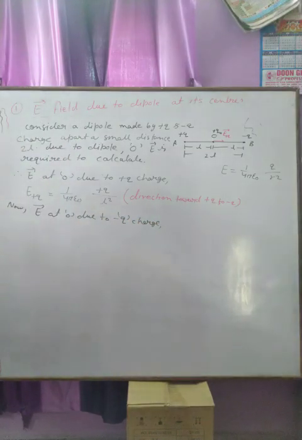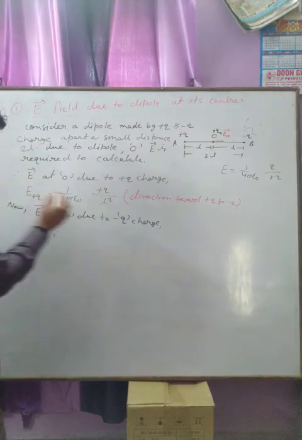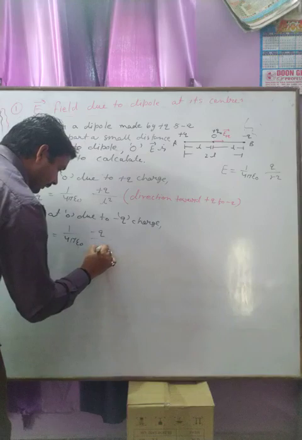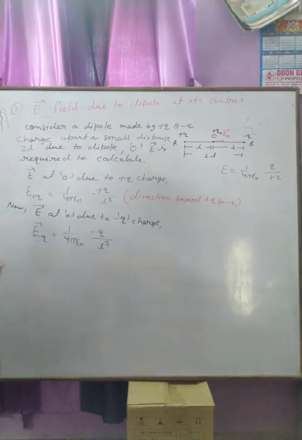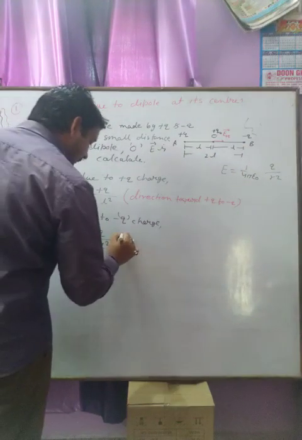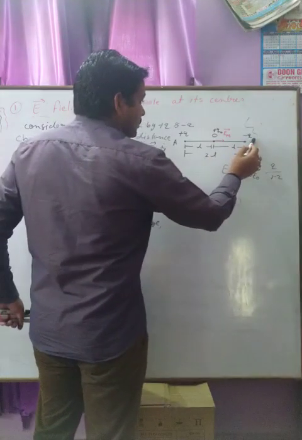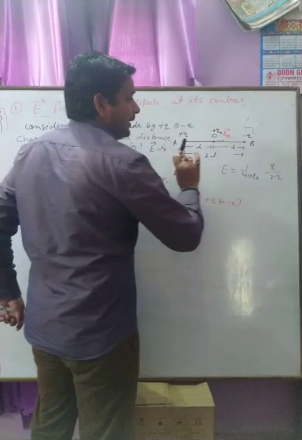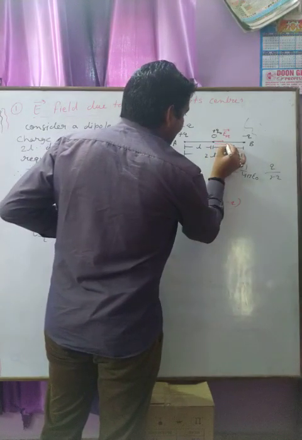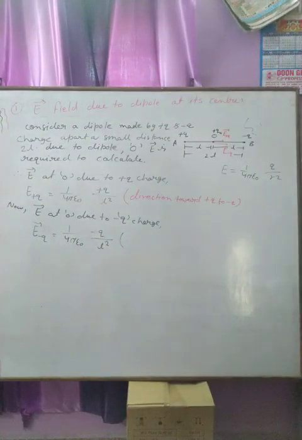Here student, we are calculating the electric field due to minus q charge is 1 upon 4 pi epsilon naught, minus q upon L square, because the distance O to B is also L. But for the direction, minus q charge is applying a force of attraction toward B, so the electric field at O due to minus q charge is also in the direction from plus q to minus q.